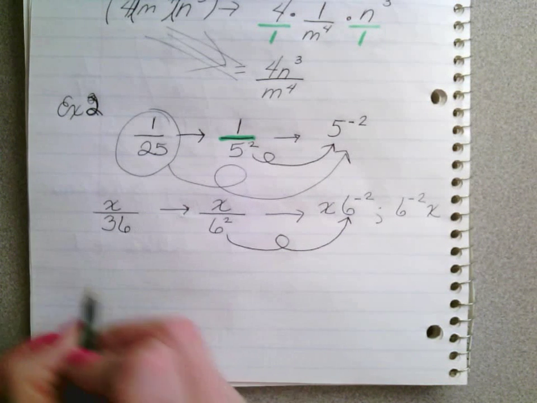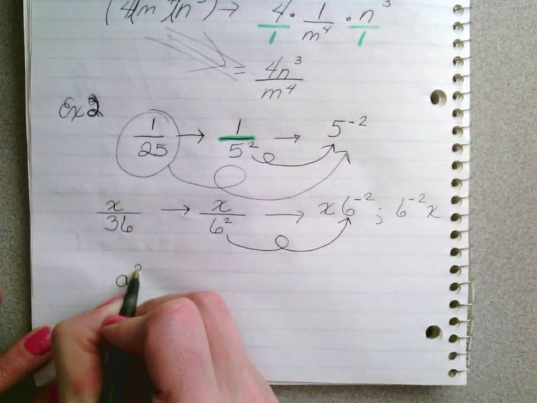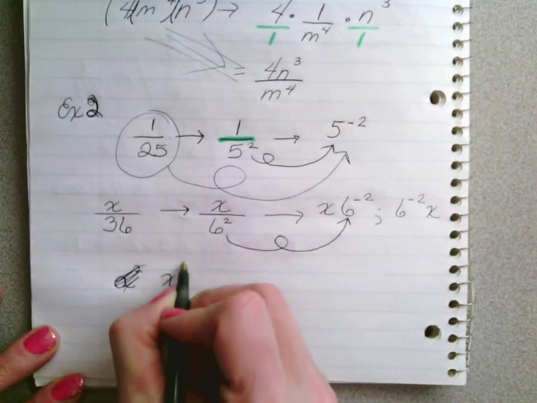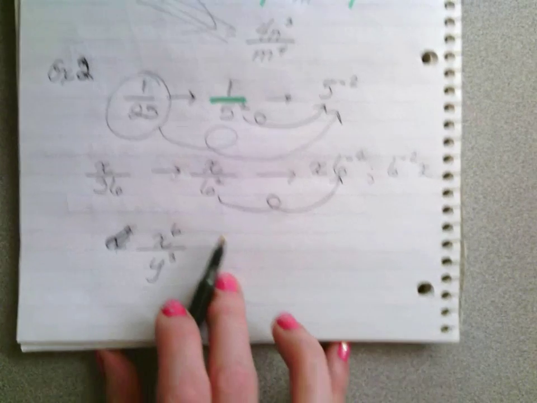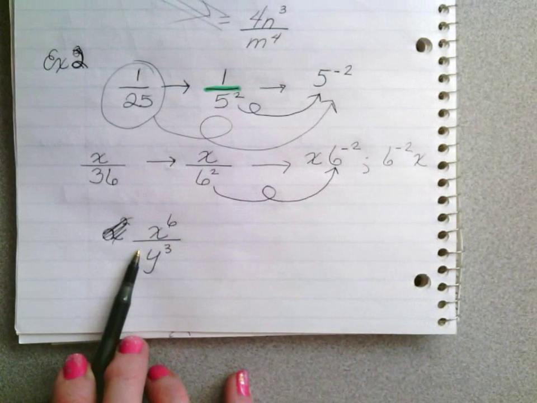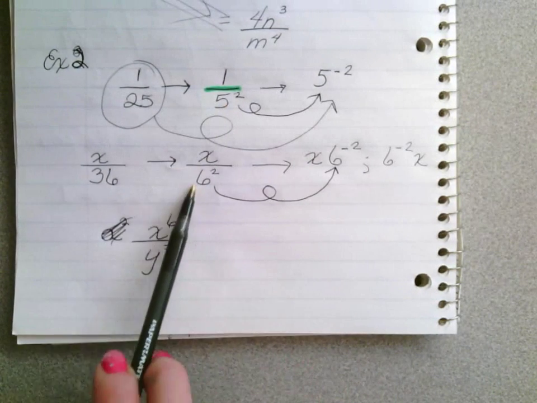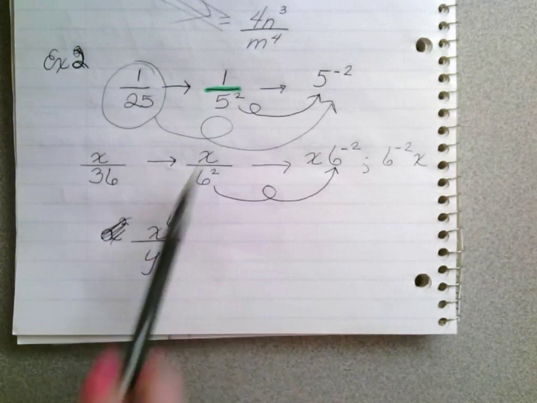And here's the last one in this bunch. Letters only. No, wait a minute. That's not right. X to the 6 over y cubed. They want me to rewrite this without the fraction bar. Obviously, there's no easy root thing like this. It's not like we're taking the square root like we did here or here.